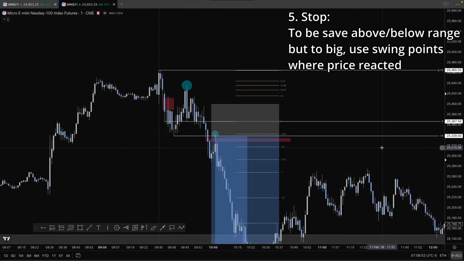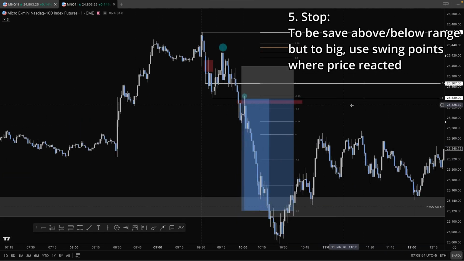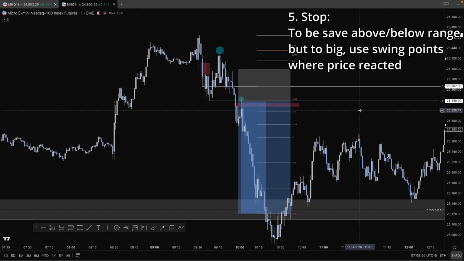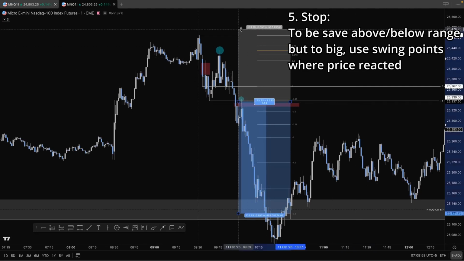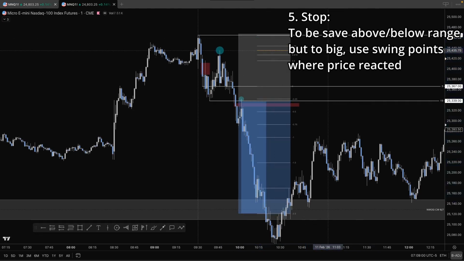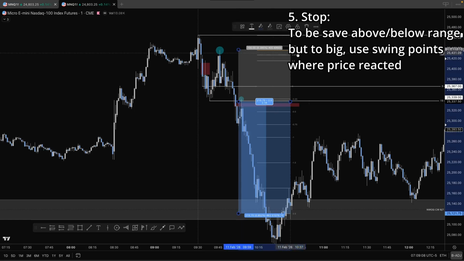For your stop, if you want to be really safe, you would put it right here. But we don't want a 130 point stop, so you could have put it here. 100 points for me is still too much. You could take it.